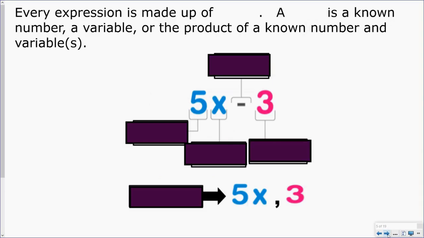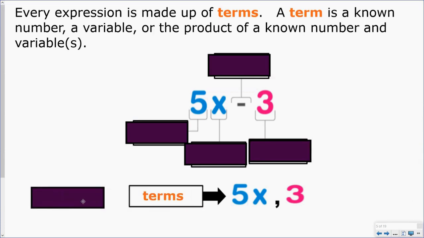Let's take a look at an expression here. So every expression is made up of terms. A term is a known number, a variable, or the product of a number and variables. So in our expression here, we have two terms, and those two terms are 5x and 3.